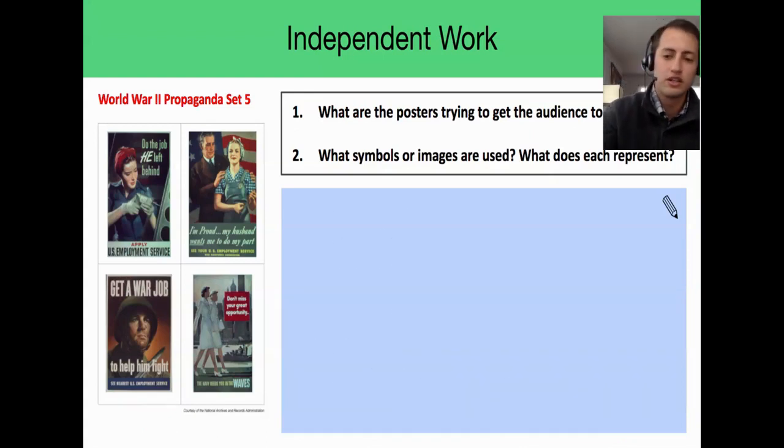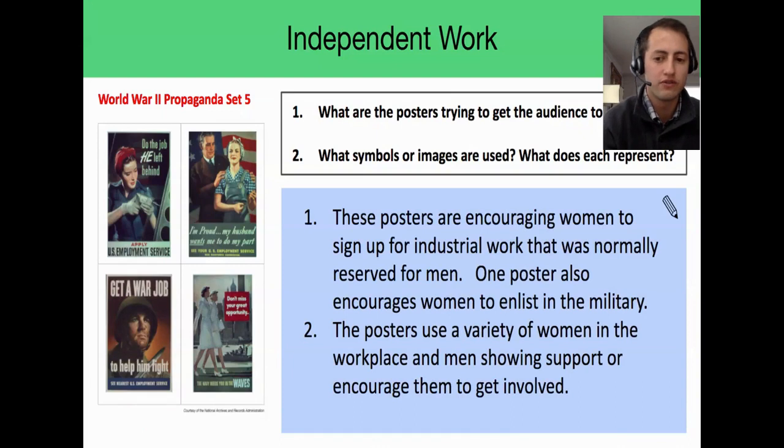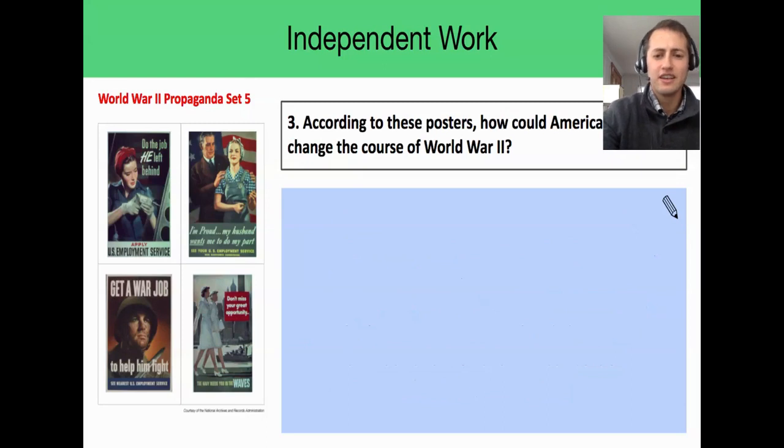So what the posters are trying to do is get women to sign up for industrial work, but also enlist in the military. It's showing a lot of ways women are involved. It also shows men at war so that women will understand what the importance is here. And on this question, according to these posters, how could American civilians change the course of war?